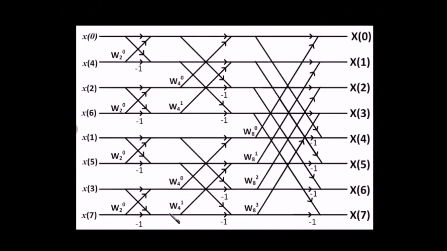So this is the final simplified version of our butterfly diagram. So let's go and we'll have a look and we'll see mathematically how much an advantage the FFT has over the DFT.